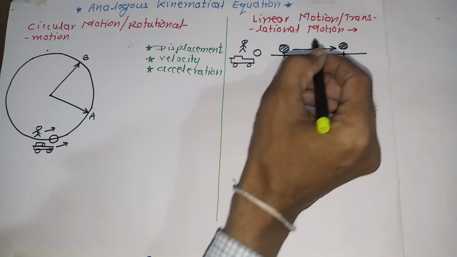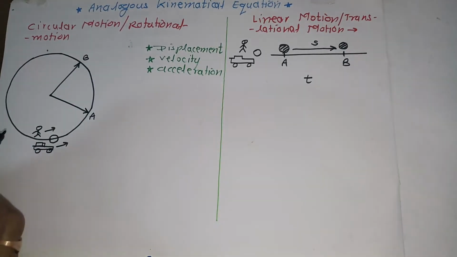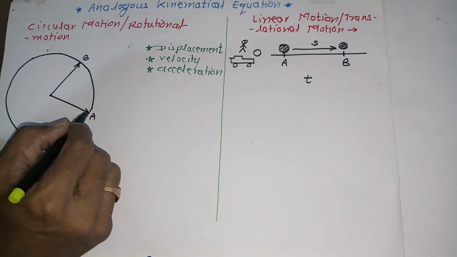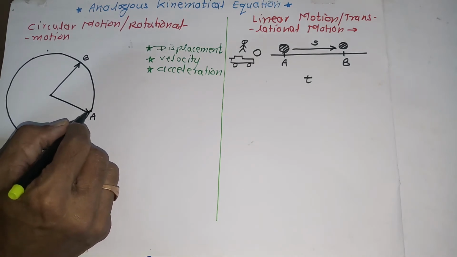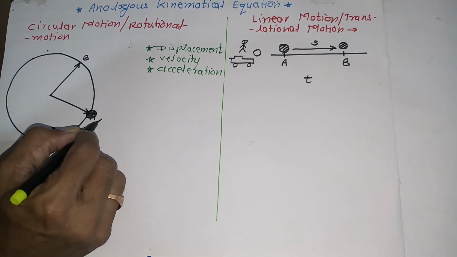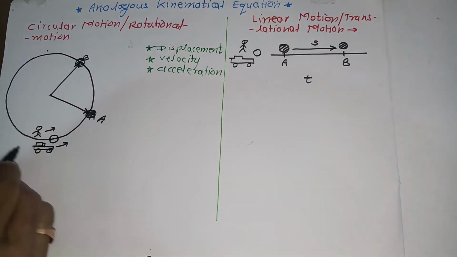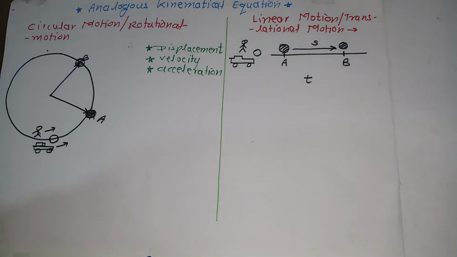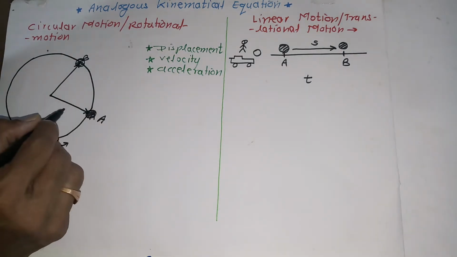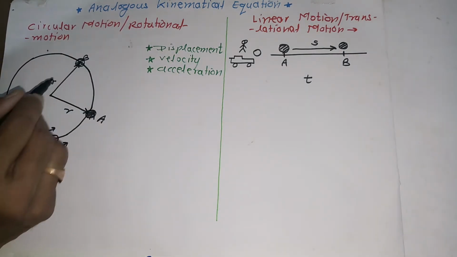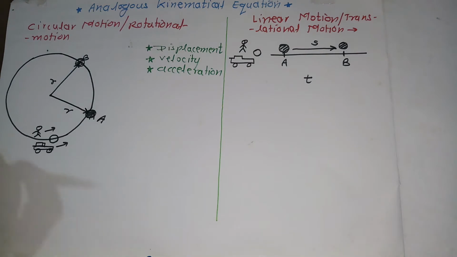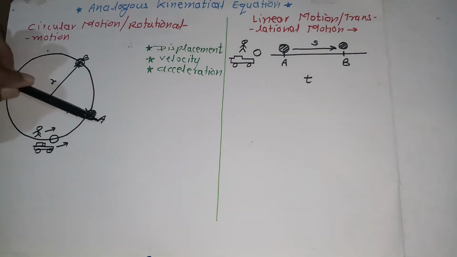Similarly, whenever the ball or the boy or the car is moving from position A to position B along a circular path in circular motion, its radius vector, let's say r bar, is displaced and traces a certain angle at the center.